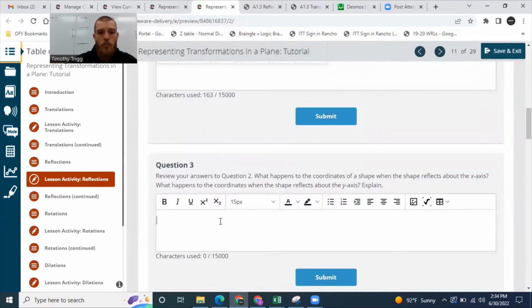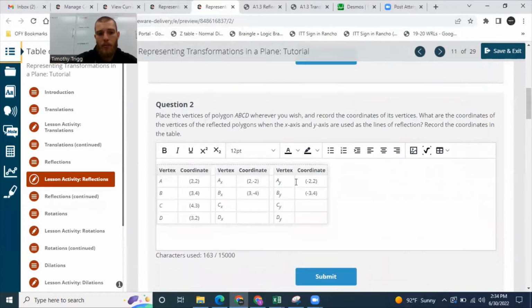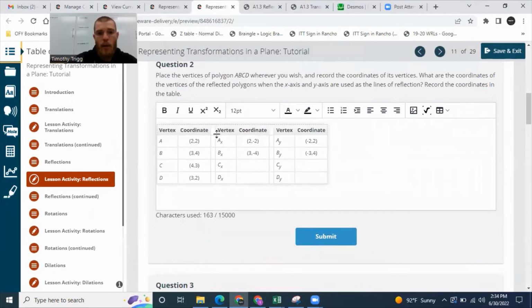Review your answers to question 2. What happens to the coordinates of the shape when the shape reflects across the x-axis? What happens to the coordinates when the shape reflects across the y-axis? Hopefully you notice some patterns here. When I reflect across the x-axis, I'm looking at this A sub x, B sub x, and so on.